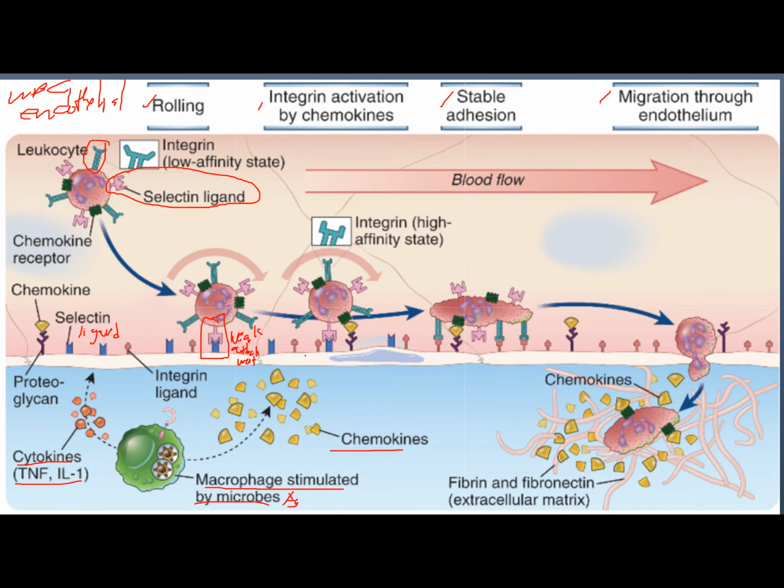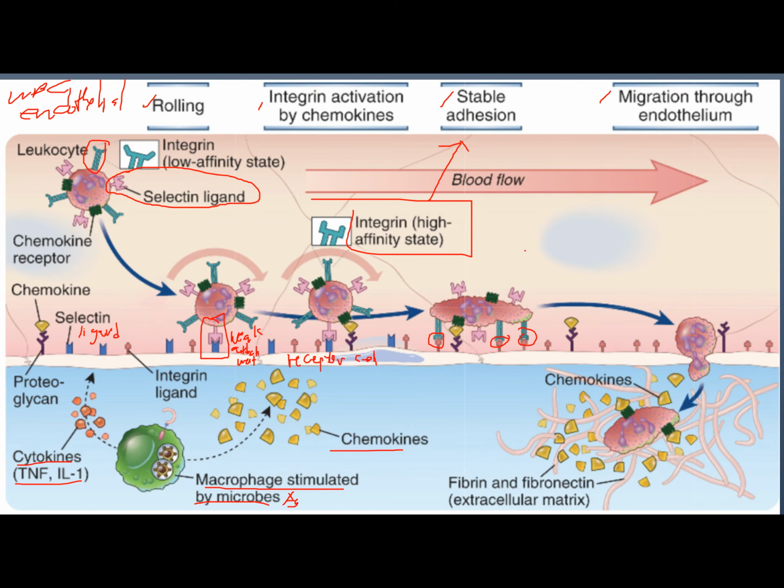Where is the ligand or receptor of the integrin? The receptor is found on the endothelial cell surface. So the integrin will bind to its corresponding ligand, and when that happens, it forms a high affinity state, leading to the so-called stable adhesion.